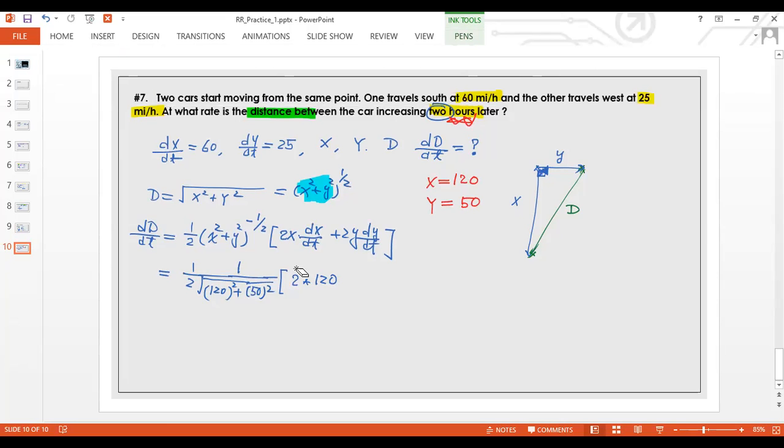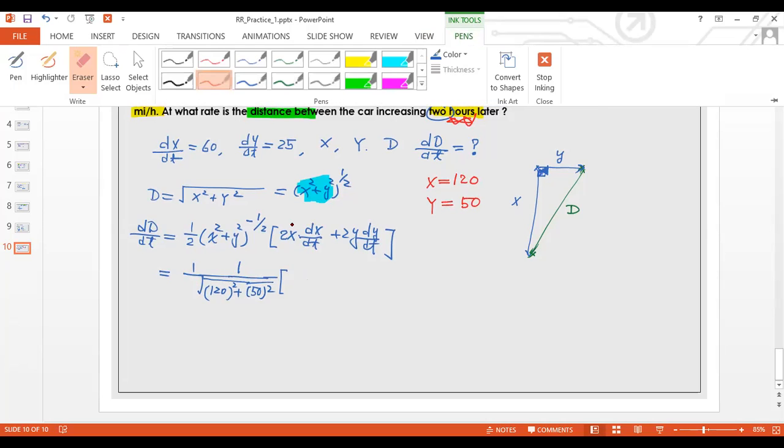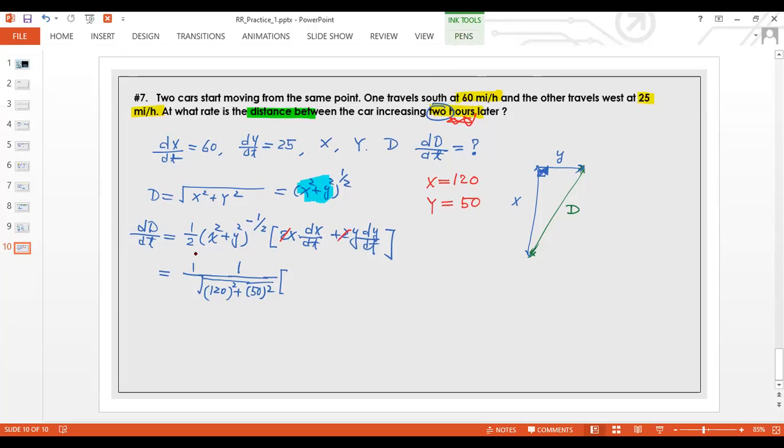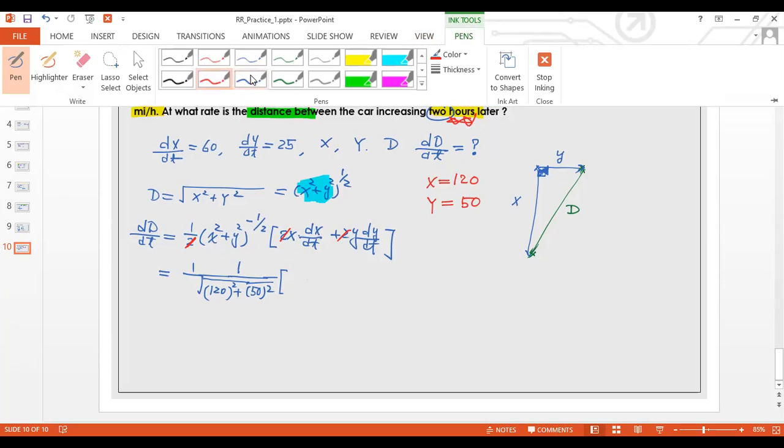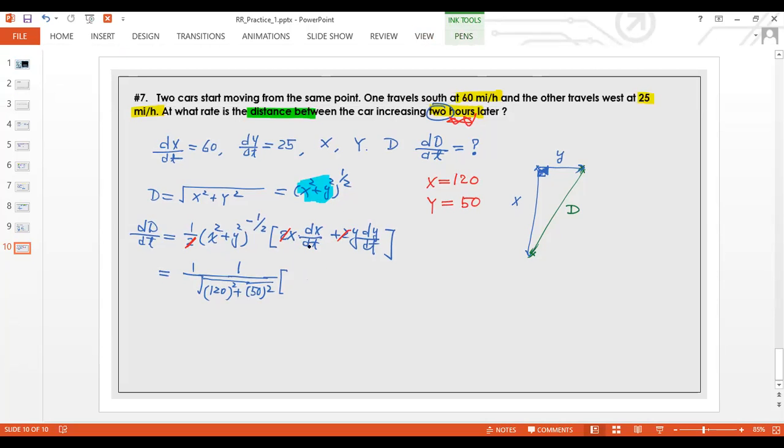Why? This 2, you can factor out and cancel with this 2, so I don't need to write it repeatedly. Then I have x is 120. Now dx/dt, what is it? 60, right? Then plus y is 50 times dy/dt, which is 25.